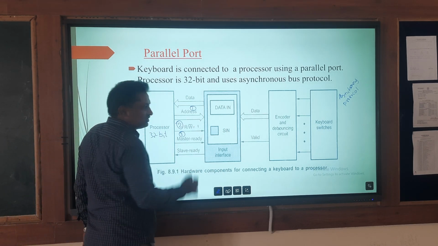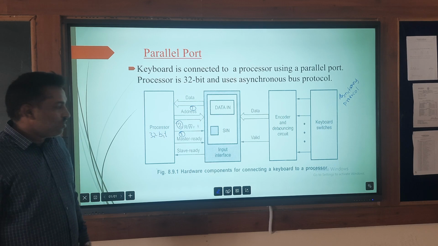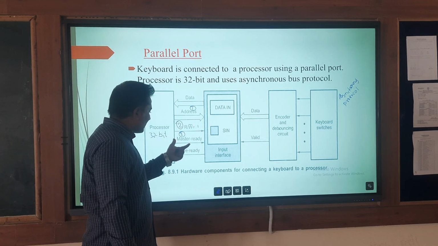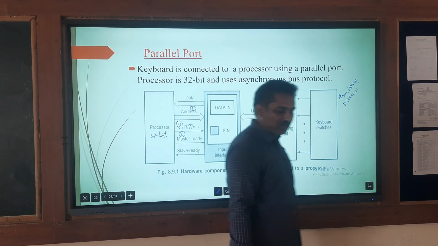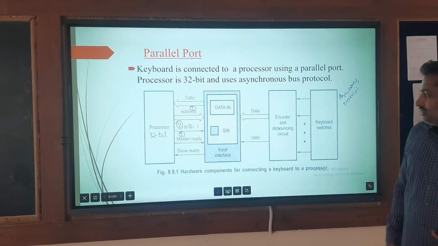Once the processor asserts the master ready signal, the slave identifies that the master is ready to participate in the data transfer. This is the third step.